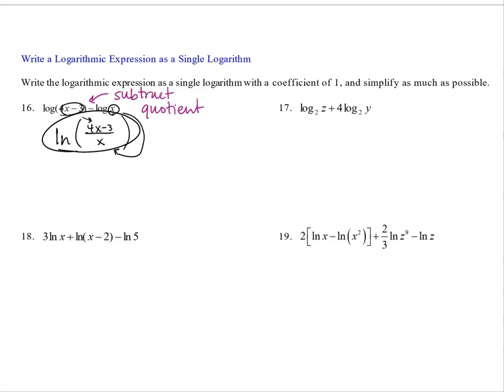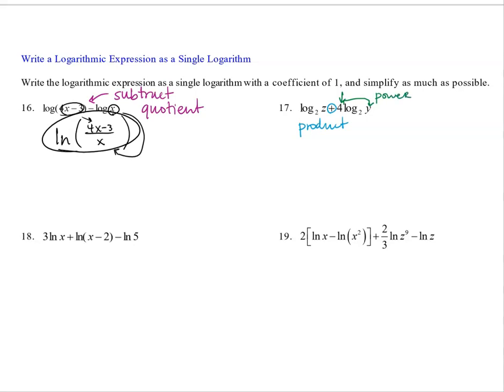In example 17, these logarithms are not being subtracted, they're instead being added. And there is a 4 in front of this logarithm. Because they're being added, we will be able to use the product rule. But the 4 in the front has to be sent to the exponent on the y using the power rule first.